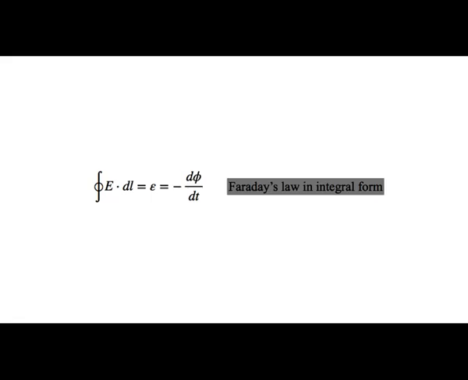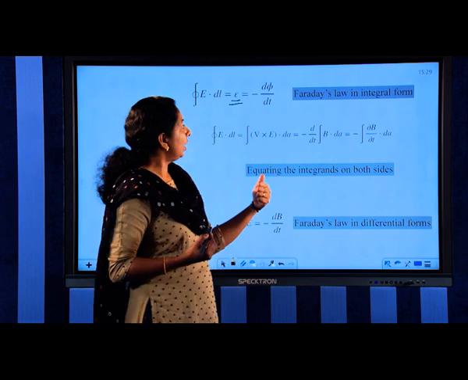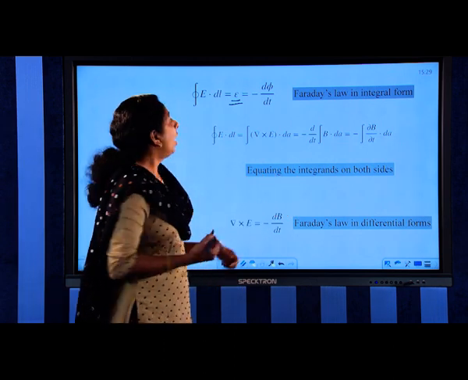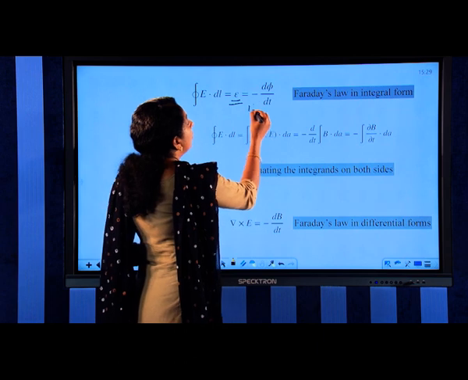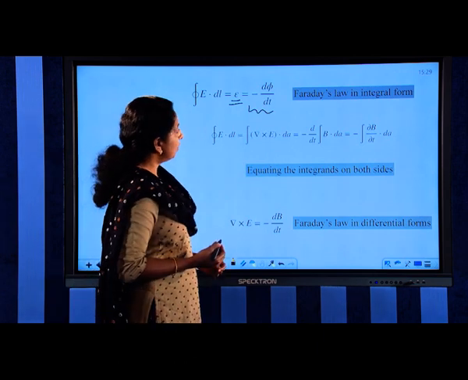Faraday's law says that the EMF generated in the second situation, when the magnet is moved to the left with some velocity v, is perfectly due to a change in flux, that is minus d phi by dt.